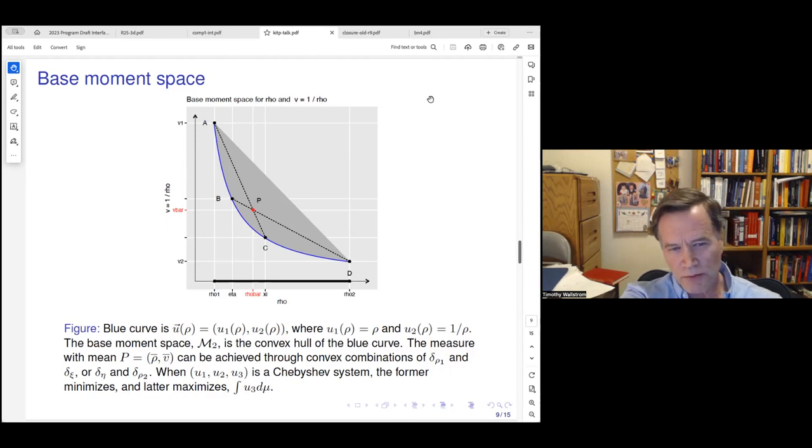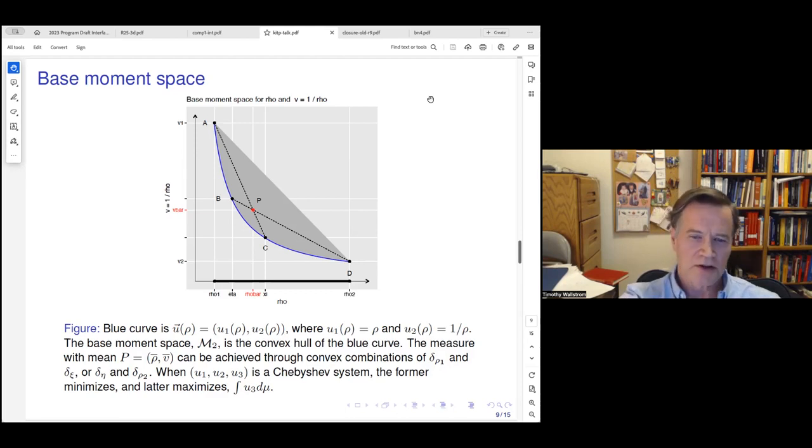One is where you put a point mass on rho 1, and you draw a line from this point A through the point P, and it intersects this blue line at point C. You put a point mass at rho 1 and a point mass at psi, and you weight them so that the expectation of rho and 1 over rho is what you've got. And so that's one measure.